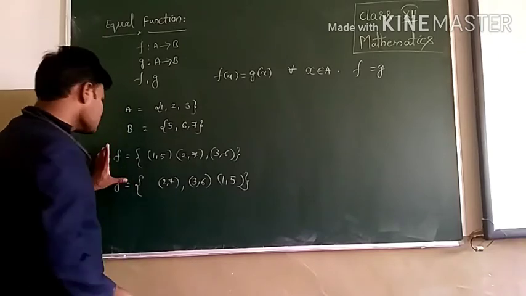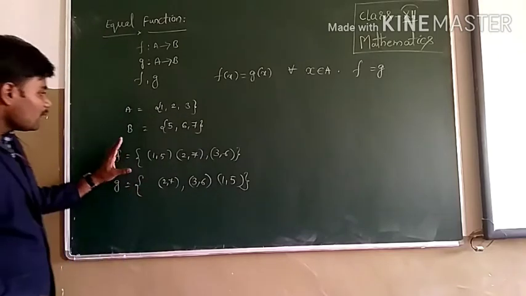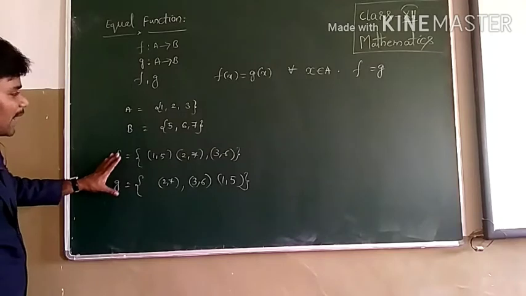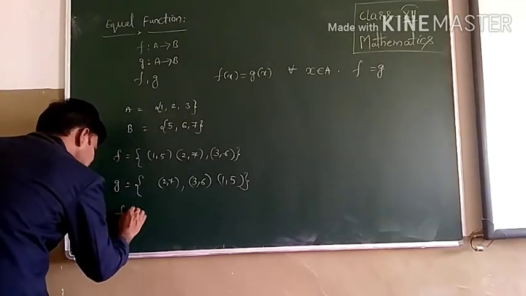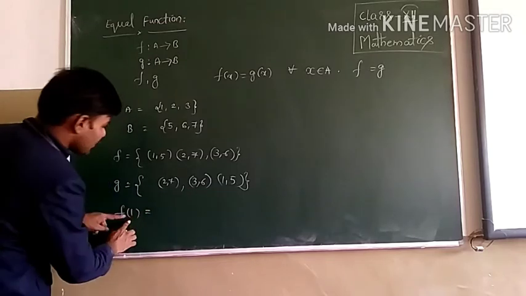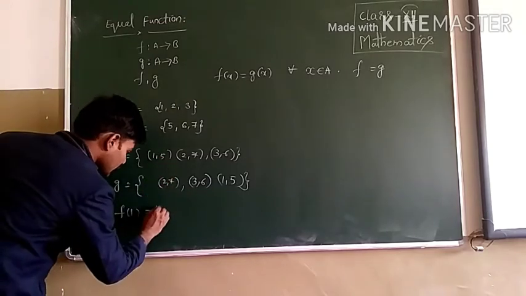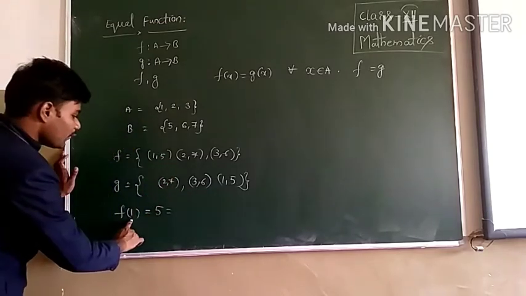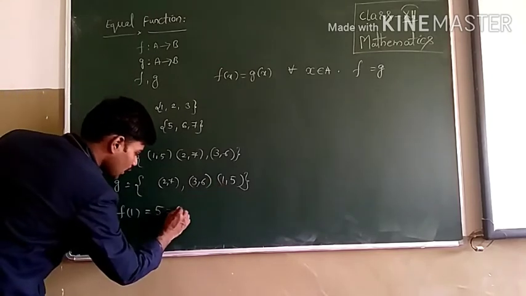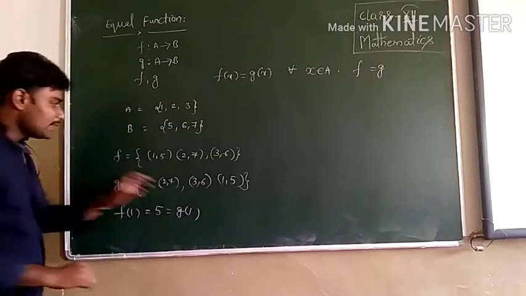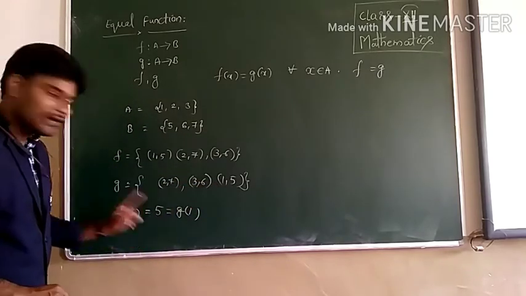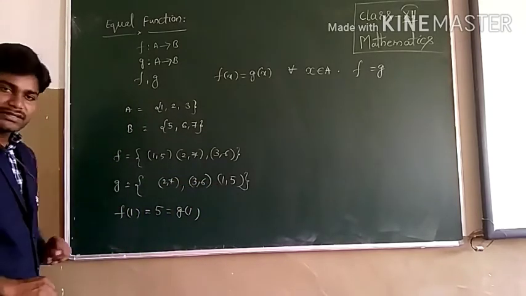If you observe these two functions, the elements are mapped with the same elements in both. Suppose I consider f of 1, which is mapped with 5. Is f of 1 equal to g of 1 or not? In g, 1 is also mapped with 5, so f of 1 is equal to g of 1.